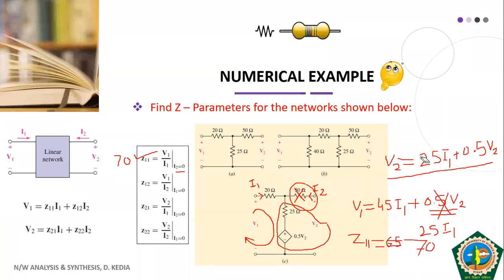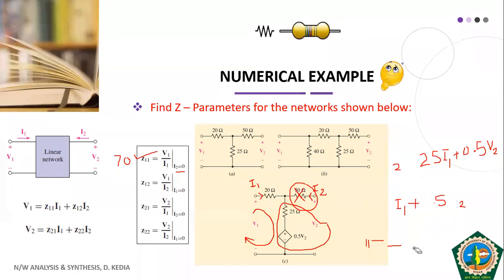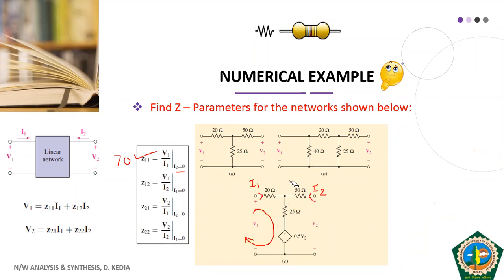Now we will find out Z22. So for Z22, we have to make I1 0. Okay. And we have to find out V2 upon I2.